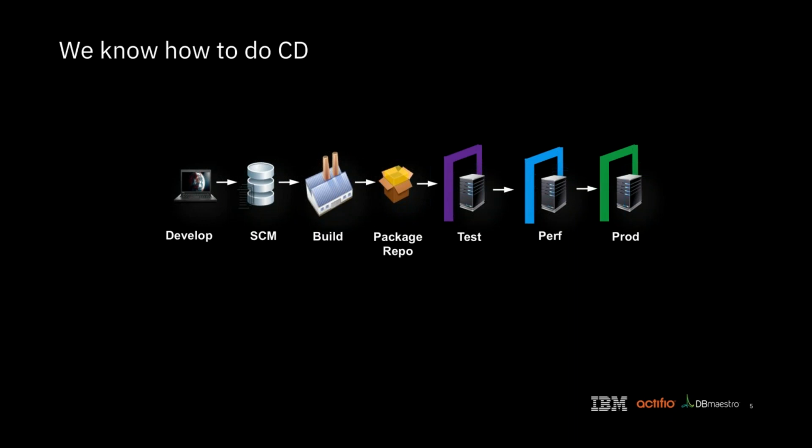A developer writes some code, it goes into a source control tool, it gets built, stored somewhere safe, and then it gets deployed out to some sequence of test environments, and then finally delivered into production. And the goal is to control this, do it quickly, and manage dependencies the whole way through.